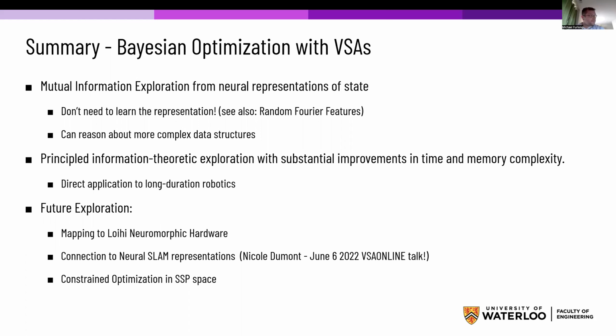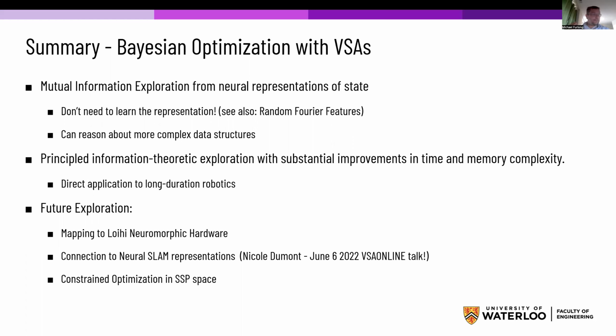It's a principled information theoretic algorithm with substantial improvements in time and memory complexity, which means it's applicable to long-duration robots. And again, it comes from using these techniques from the VSA. And the places we're hoping to take it next: mapping it to Loihi's neuromorphic hardware.